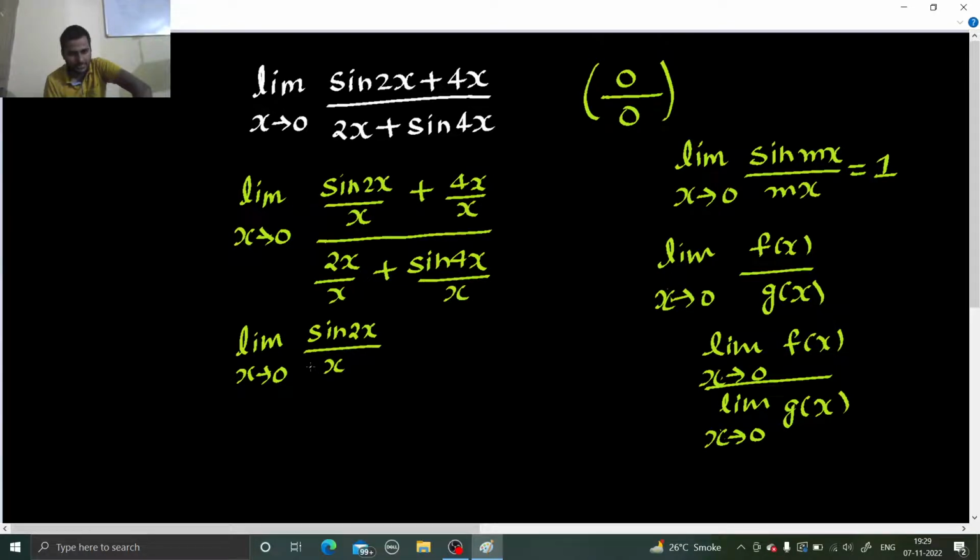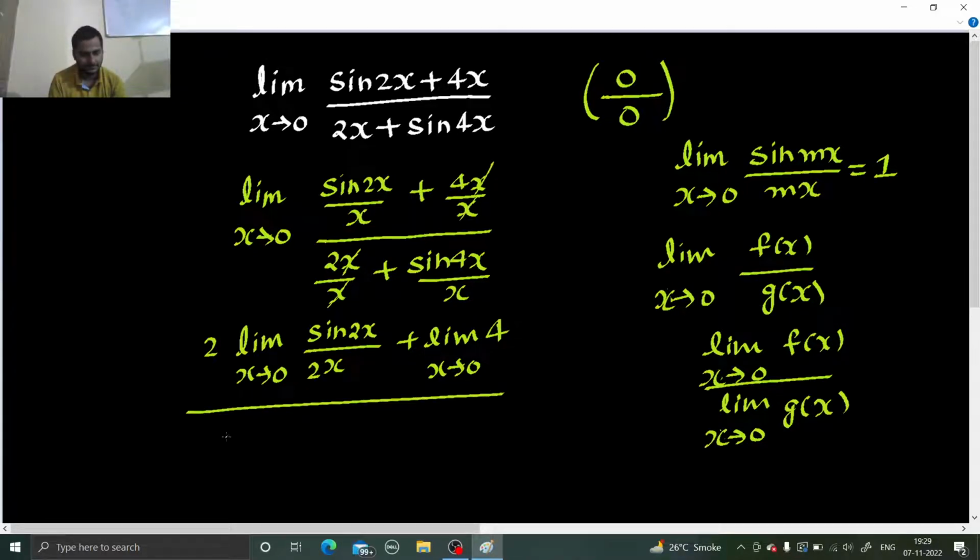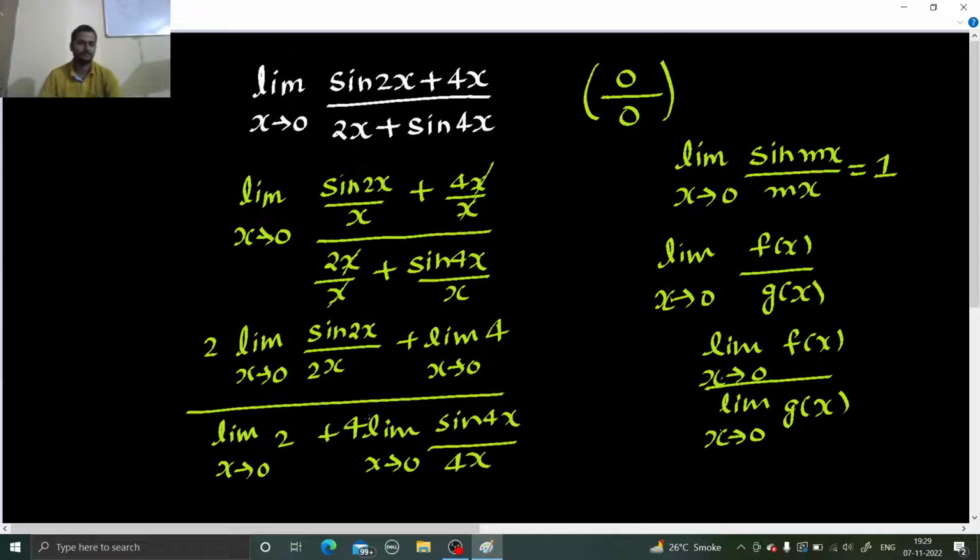This needs a 2, so just a 2 here and a 2 there, no problem whatsoever, plus limit x tending to 0 of 4, because this x got cancelled, divided by limit x tending to 0 of 2, plus limit x tending to 0 of sine 4x by x. Here, we need a 4, multiply and divide.